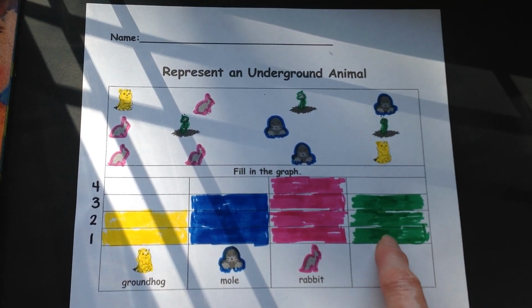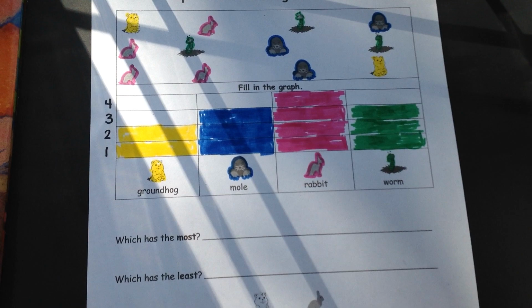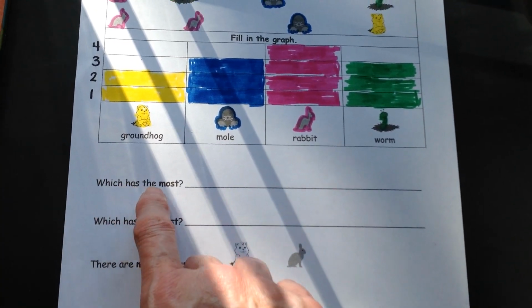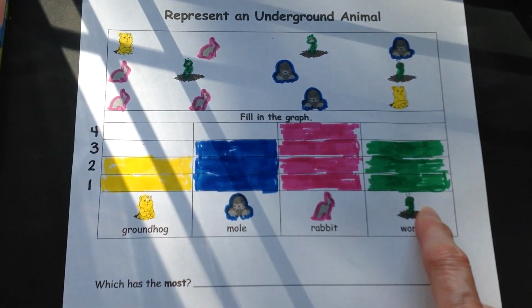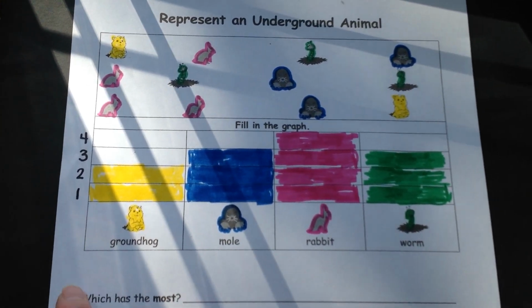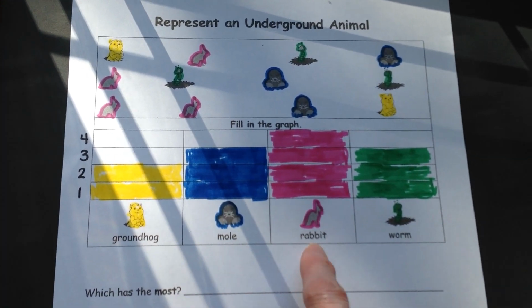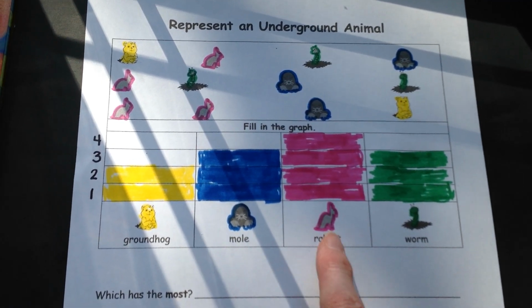Mole and worm both have number 3. Very good. There's some more questions at the bottom. Which animal has the most out of everybody? Who has the most pictures? Is it groundhog, mole, rabbit, or worm? Which one has the most?